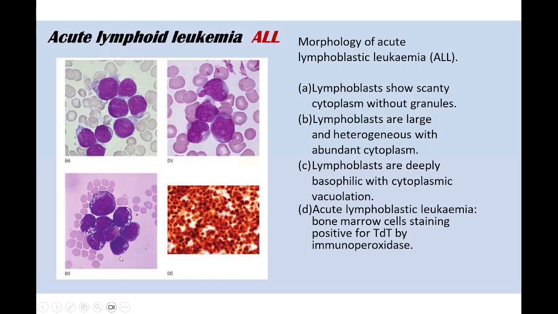In the third picture, lymphoblasts are deeply basophilic with cytoplasmic vacuolation. You can see the vacuoles in the cytoplasm, like monocytes. This is bone marrow in acute lymphoblastic leukemia, with bone marrow cells staining positive for TdT by immunoperoxidase.